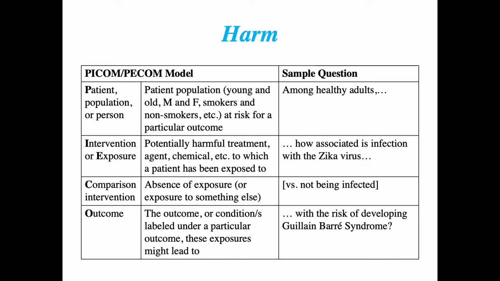Clearly we're not randomizing people to get infected intentionally with the Zika virus, so a lot of times this is all observational data that we review retrospectively. The outcome that embodies harm here would be the occurrence of GBS, or Guillain-Barré syndrome.